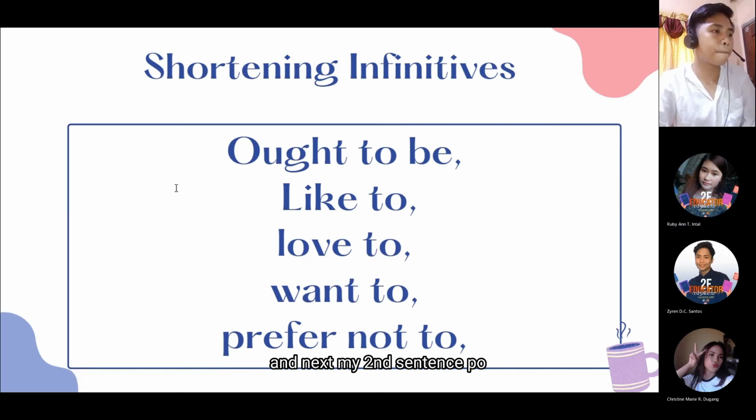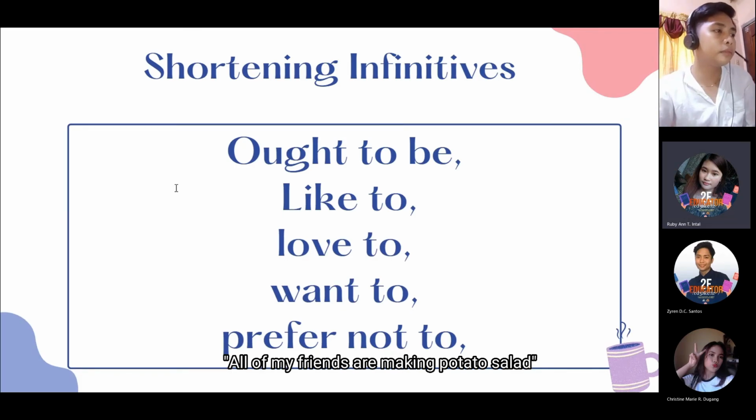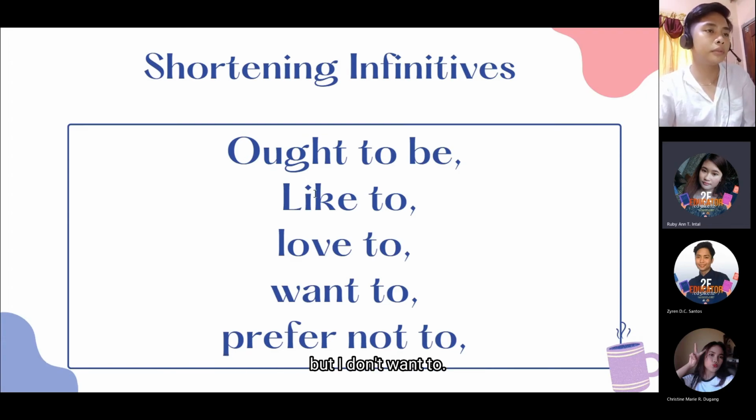And next, my second sentence po. All my friends are making potato salad, but I don't want to. Where the infinitive was changed into gerund po, which is making, and the shortening infinitive po is want to.